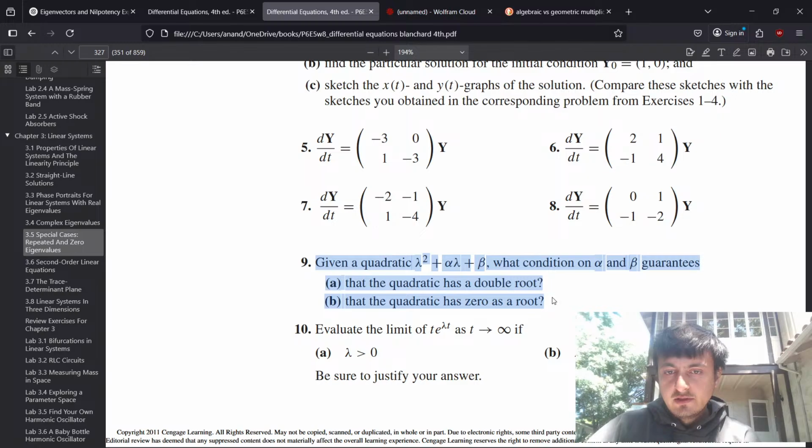Given lambda squared plus a lambda plus b, what conditions on a and b give: part A, double root, and B, 0 as a root.